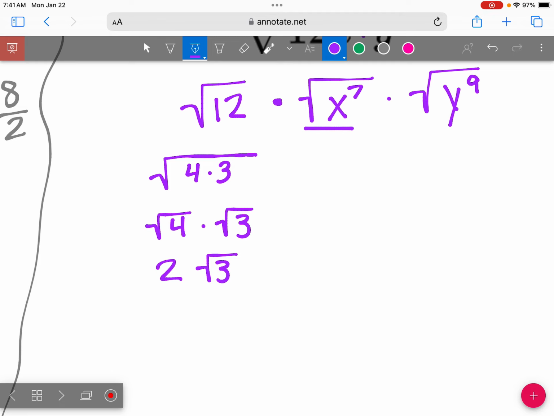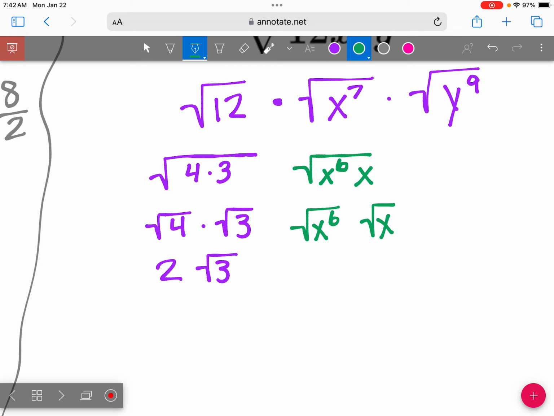We can do something similar here. With my x to the 7th, I want to find a power that's going to square root out of x to the 7th. Well, with square roots, it'll work with evens. So I could make this x to the 6th times x. Because I can do the square root of x to the 6th.